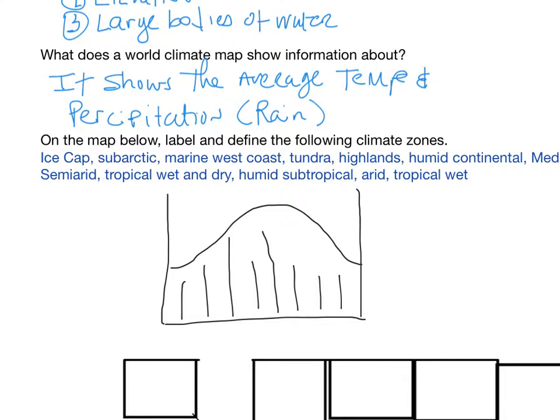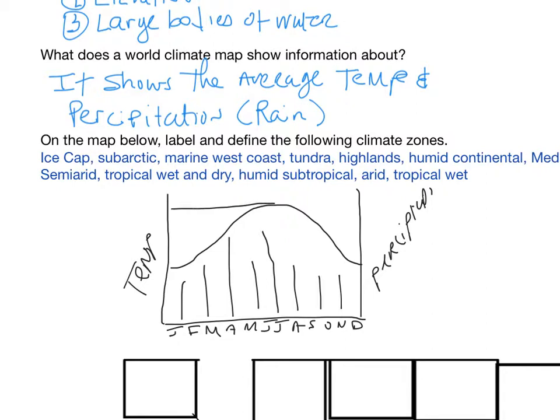Down below are the months, so January, February, March, April, May, June, July, August, September, October, November, and December. We always read these the same. Temperature from the left and precipitation from the right. Our line graph we're going to read this way, and our bar graph we're going to read this way.